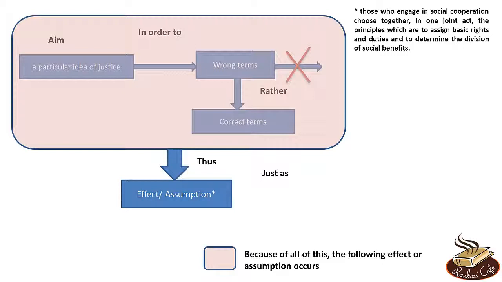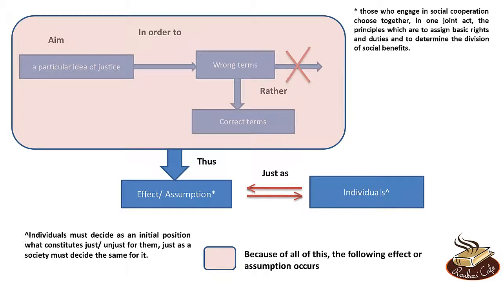Just as is a transition phrase used to show similarity between two situations or people, etc. The analogy that is drawn here is between individuals and societies, where the author says, just as each person must decide by rational reflection what constitutes his good, that is, the system of ends which it is rational for him to pursue, so a group of persons must decide once and for all what is to count among them as just and unjust.